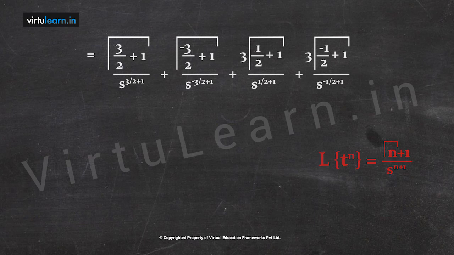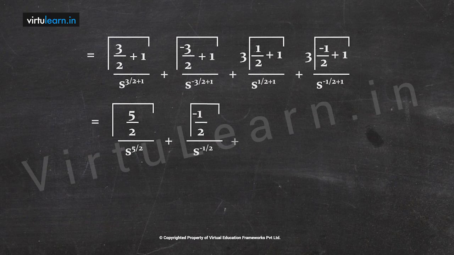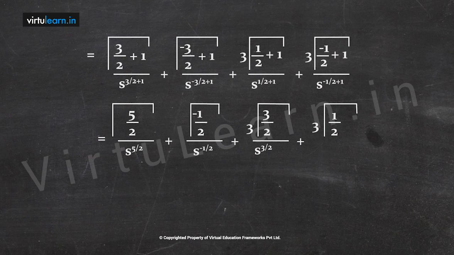This can be written as gamma(5/2) by s^(5/2), gamma(-1/2) by s^(-1/2), plus 3 into gamma(3/2) by s^(3/2), plus 3 gamma(-1/2 + 1), which means gamma(1/2) by s^(1/2).